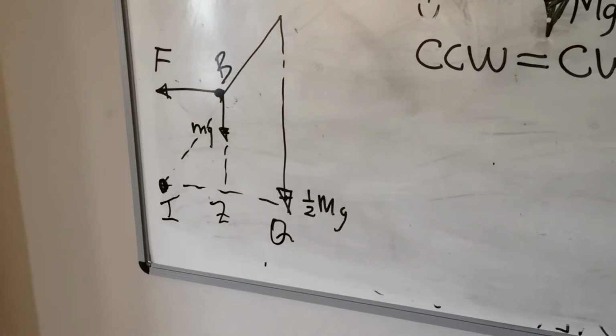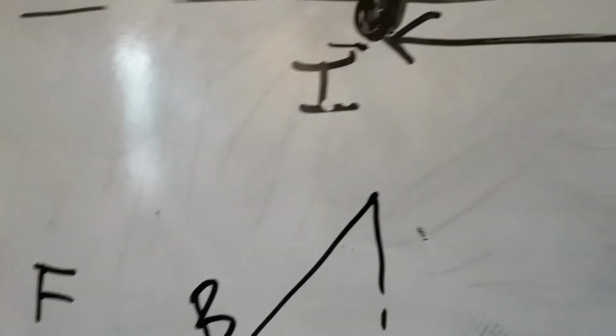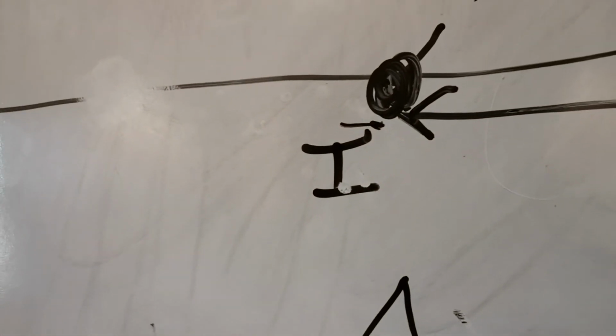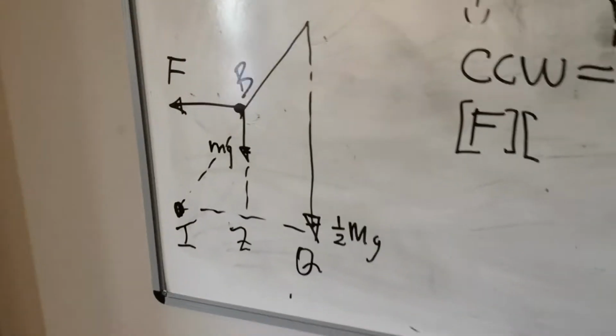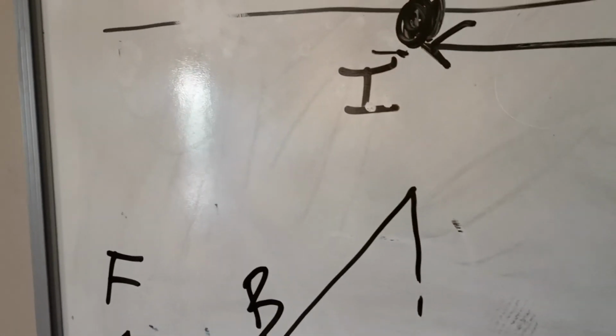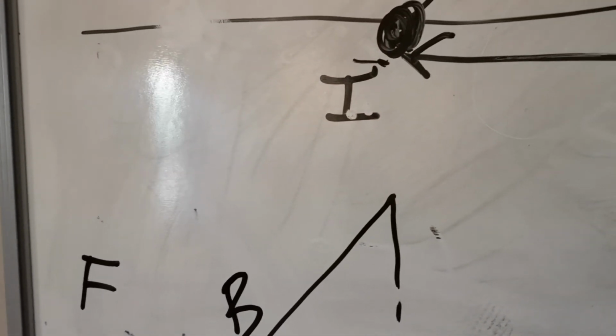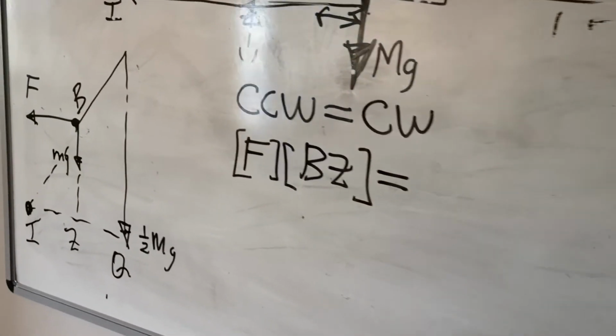What is going counterclockwise? The centrifugal force going this way. So I'll say F is the force, and the perpendicular distance would be BZ. That's equal to the clockwise moments.